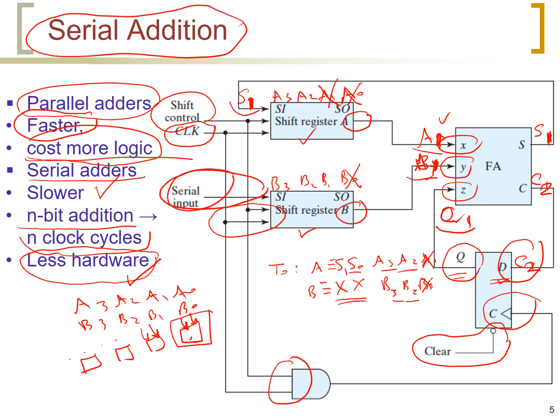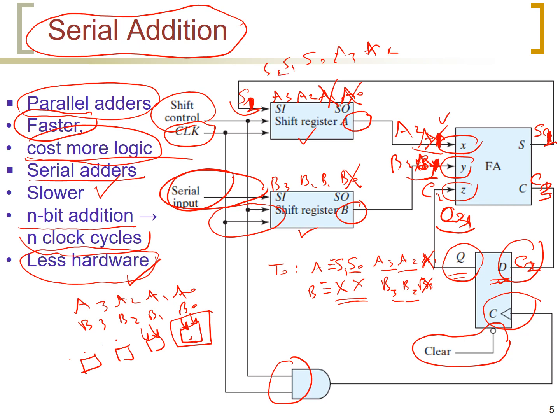When that happens, this will be A2 here, and this will be B2 here, and then C2 will be the carry, and the next time, sum 2 will appear here, and C3 will appear here, and S2 will come here. And then after the third clock pulse, A will contain A3, S0, S1, S2.